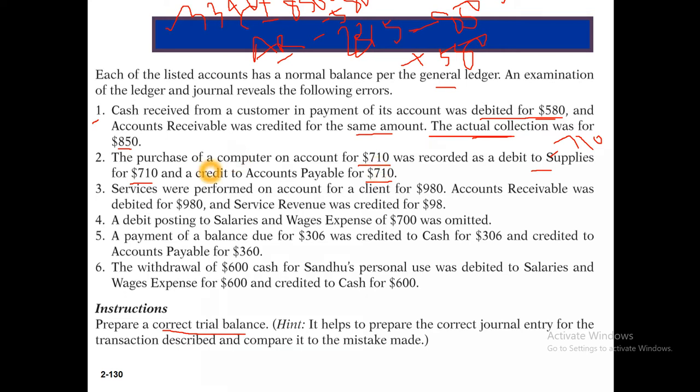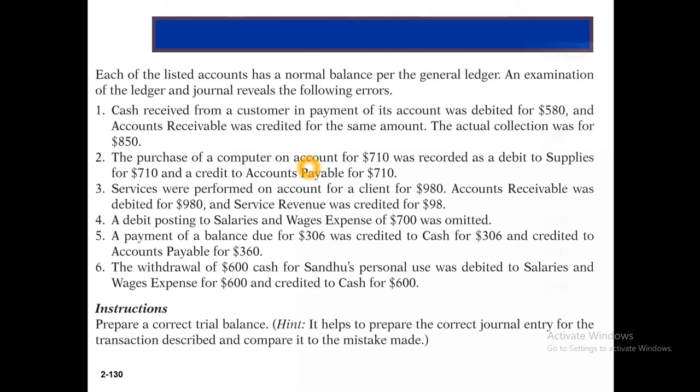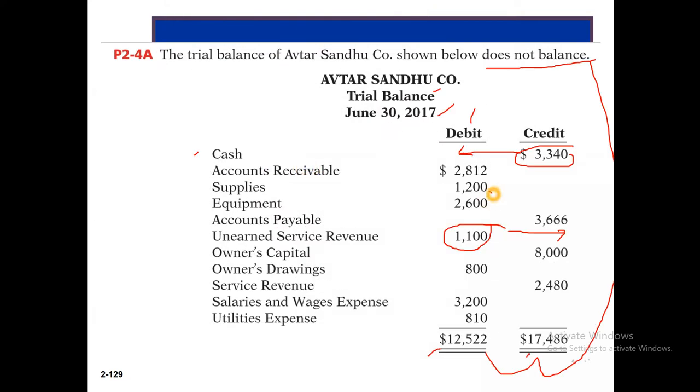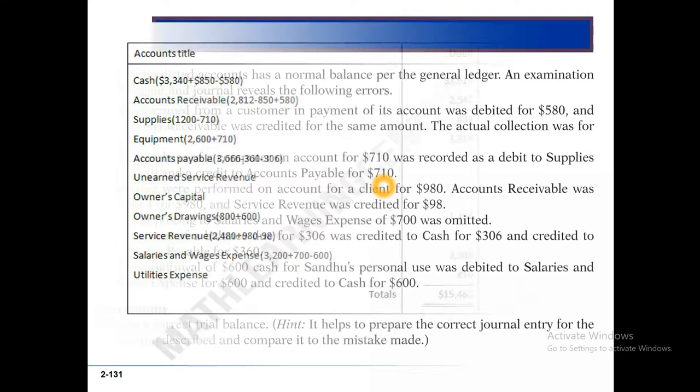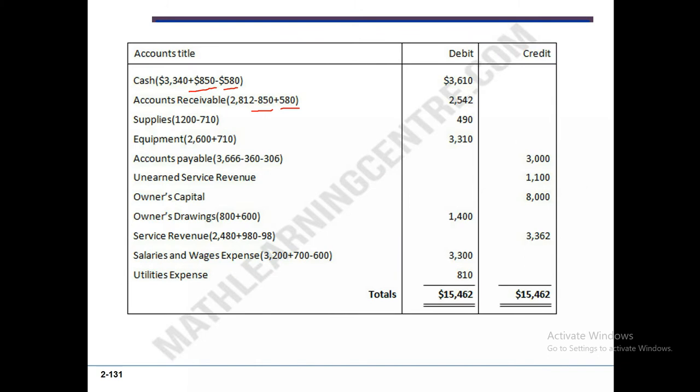So our previous equipment balance is $2,700, and this figure 710 will be added to it, and credit accounts payable 710. The accounts payable posting has no problem here. So actually supplies minus and equipment plus.